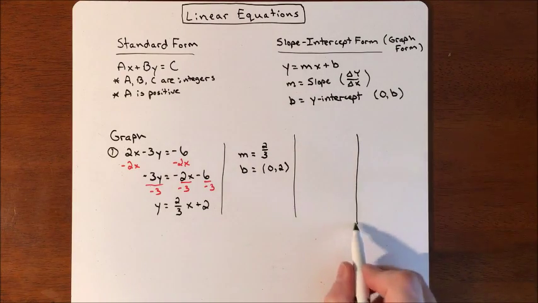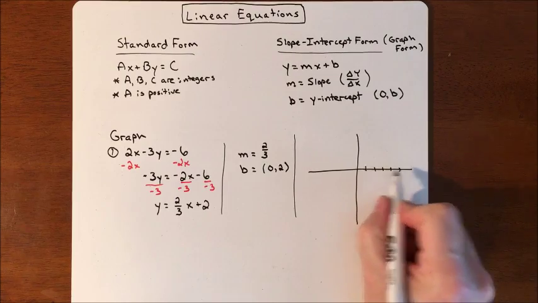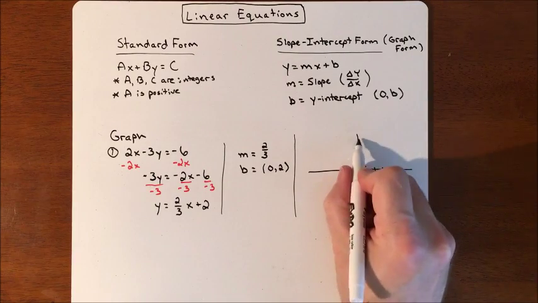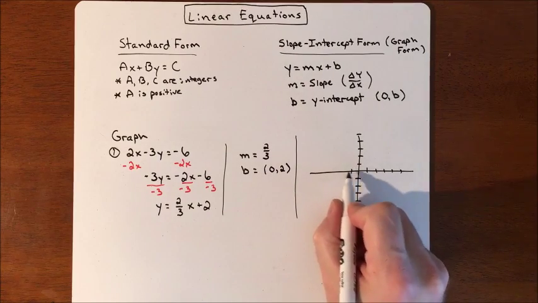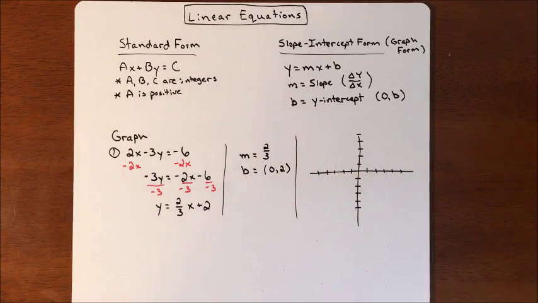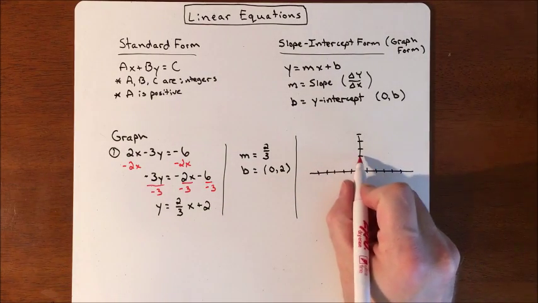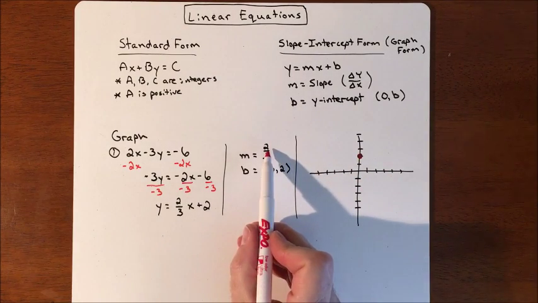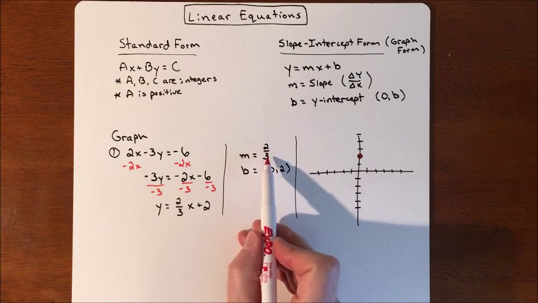So we'll just draw a rough sketch here. We'll plot our point. We're going to start with our y-intercept, which is (0, 2). And then we apply our pattern. This is our rise over our run, or our change in y's and our change in x's. So we're going to go up 2 over 3.